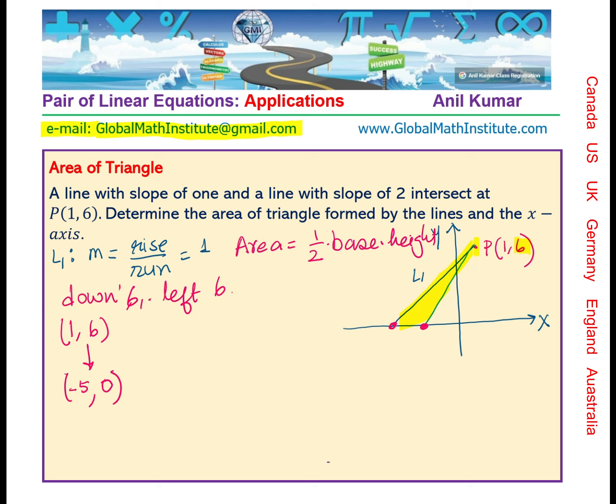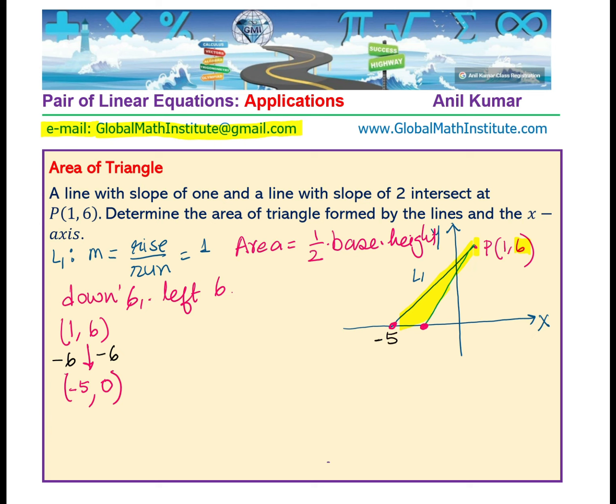Makes sense. We have to go down by 6, okay? For both x and y, the same value, because the slope is 1. You get the concept. So directly we get this point as minus 5.